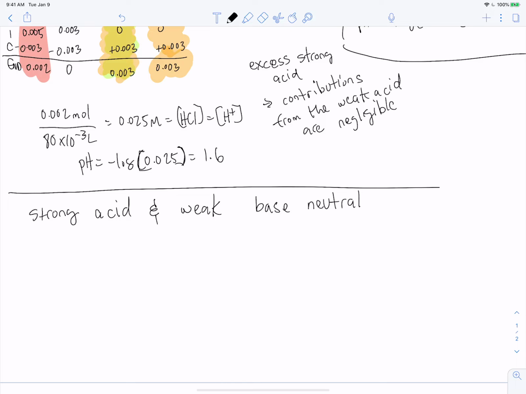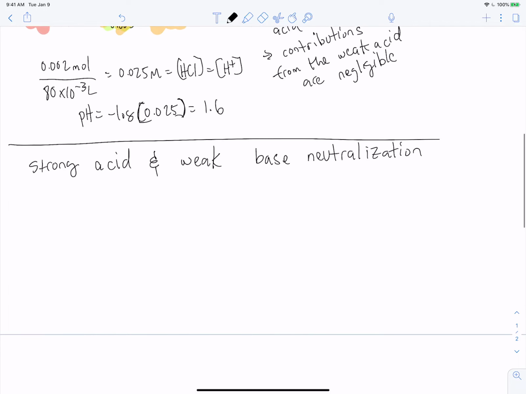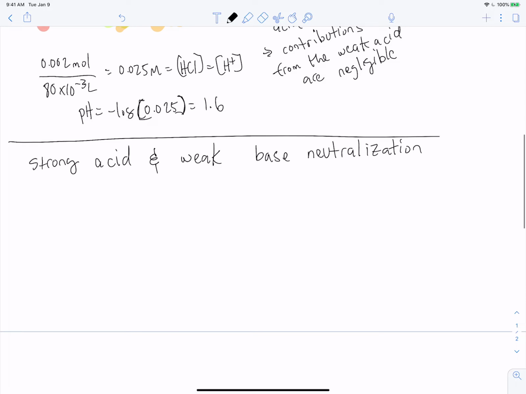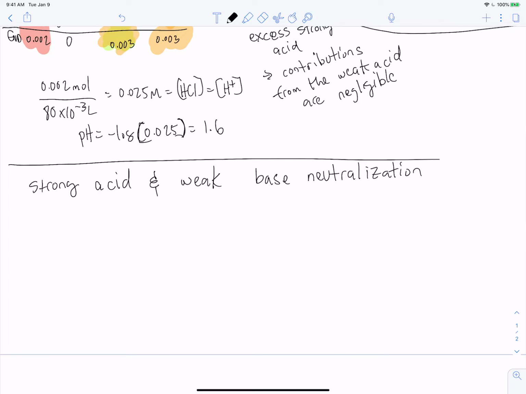So everything I'm saying here is more or less true for strong bases and weak acids. So if you flip over and look at the corollary, it's still true. You just have to change up some of the problem-solving approaches, but it's more or less the same thing.